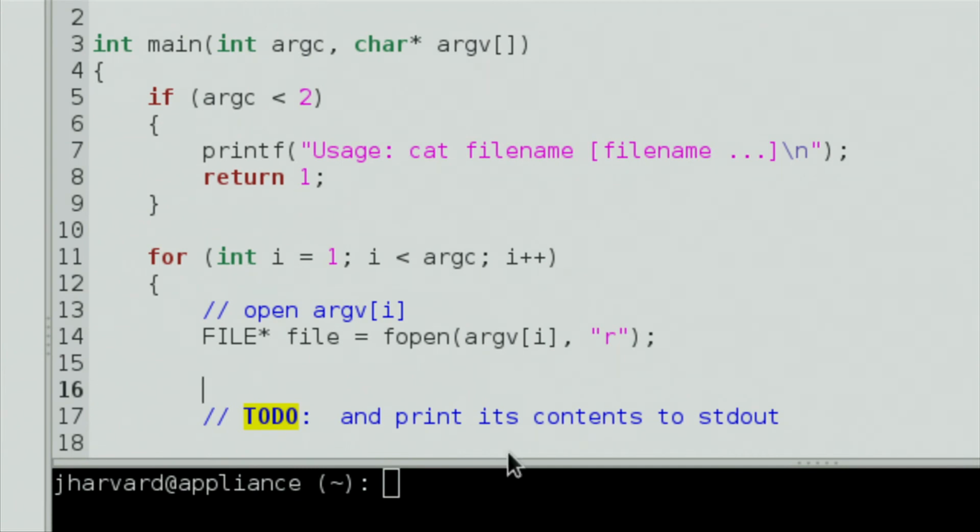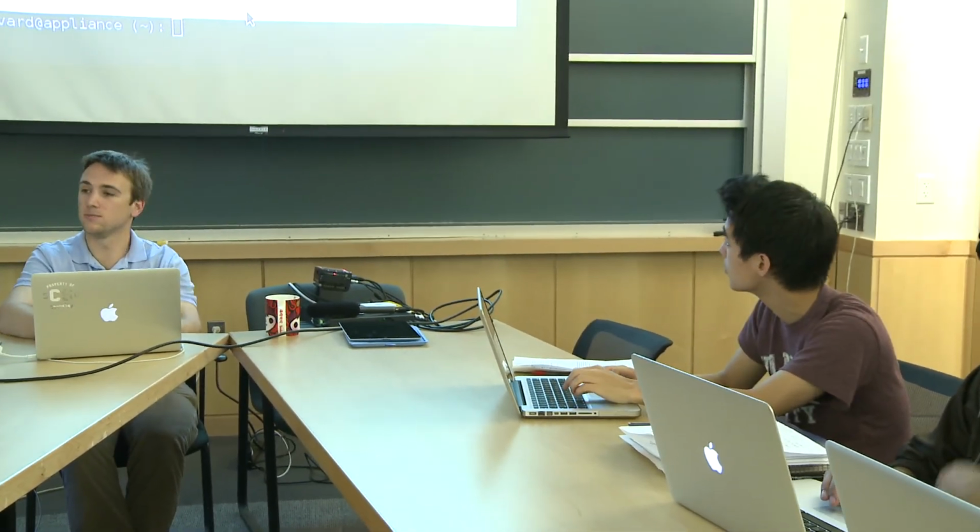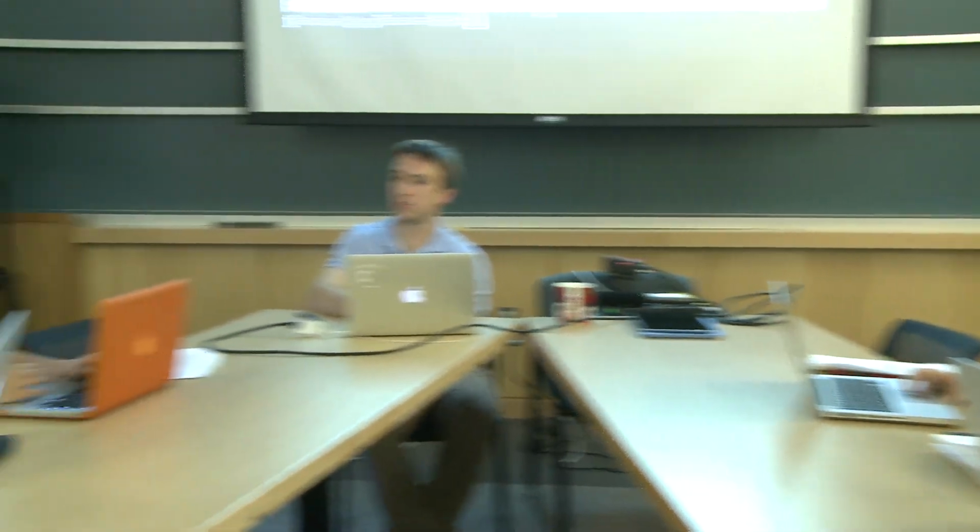So at this point, now we have to read the file bit by bit. So we've discussed a couple of ways of reading files. Which ones are your favorites so far? Which ways have you seen or do you remember to read files? fread. So fread is one. Jimmy, do you know any others?